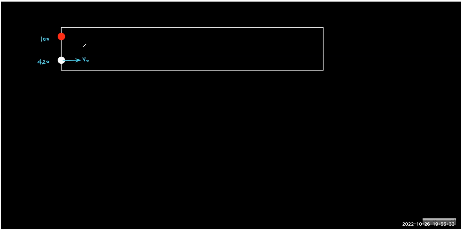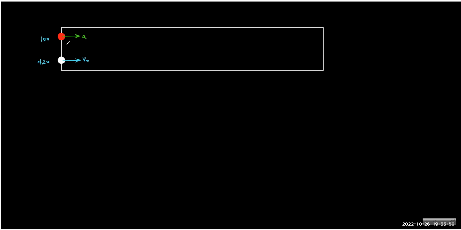And the moment the man crosses the jeep, the police starts the jeep, and it starts with constant acceleration A. And imagine the jeep is continuously accelerating till it catches the thief.